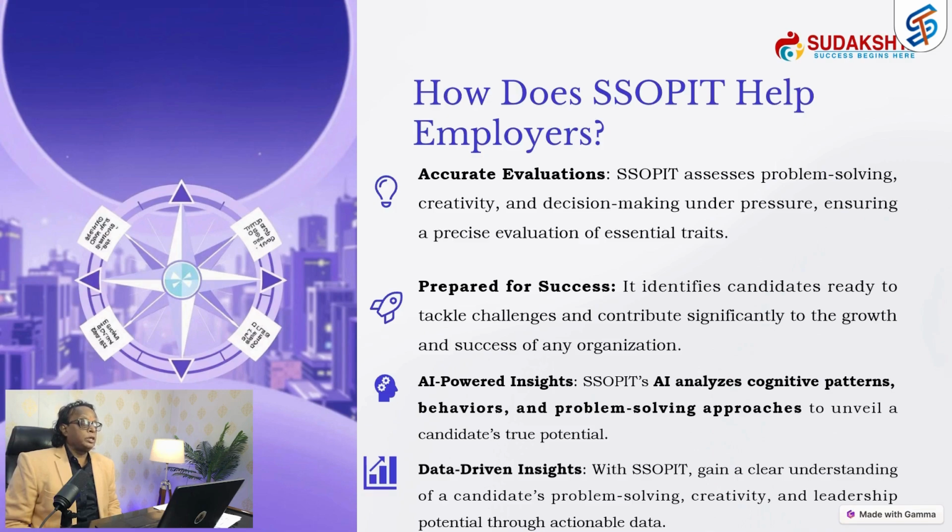Now, let's understand how SSOPIT helps. Sudakshta Solution Oriented People Index Test. When you take a test in its normal format, or the existing test, we hardly know how scientific it is.